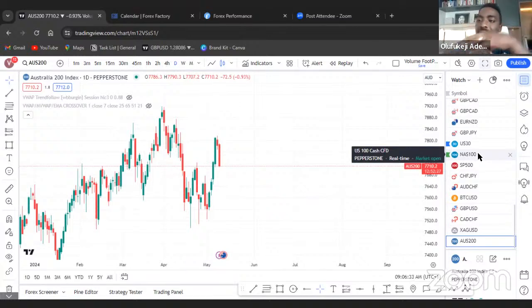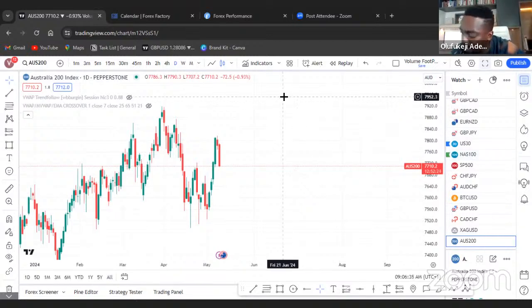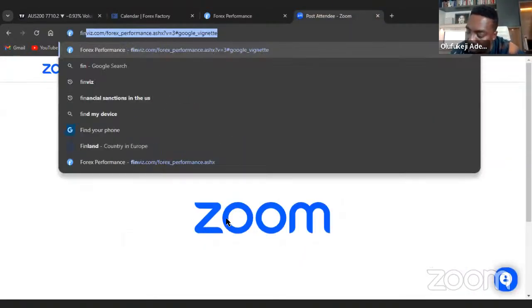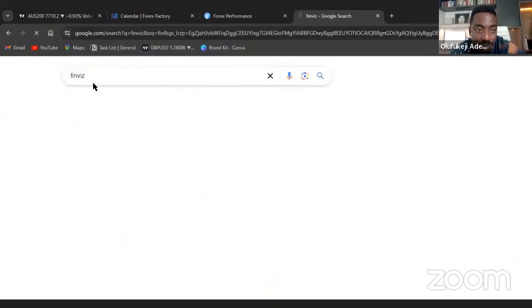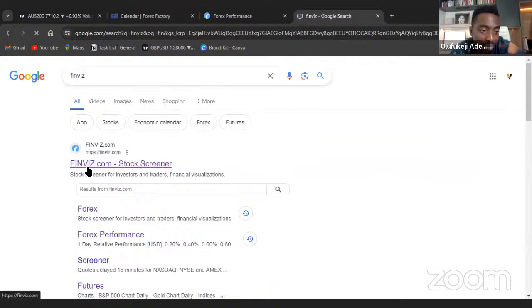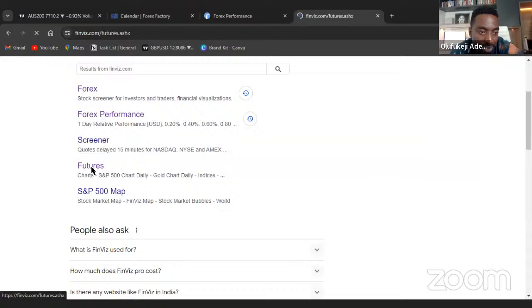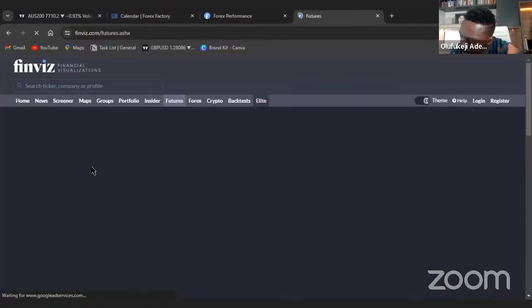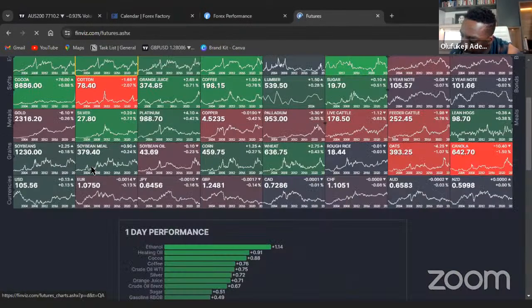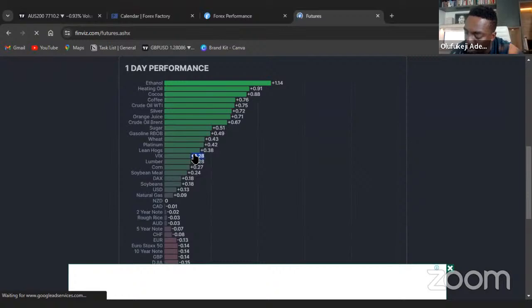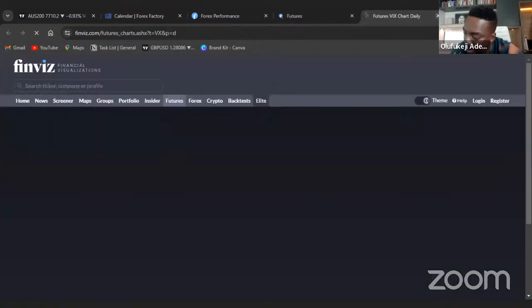You can also check FinViz futures to see the overall sentiment. FinViz futures, not the forex performance now, the futures. That's it down there. You get my point?